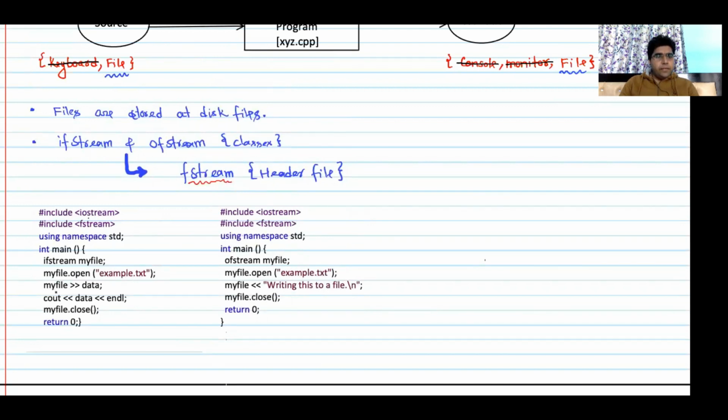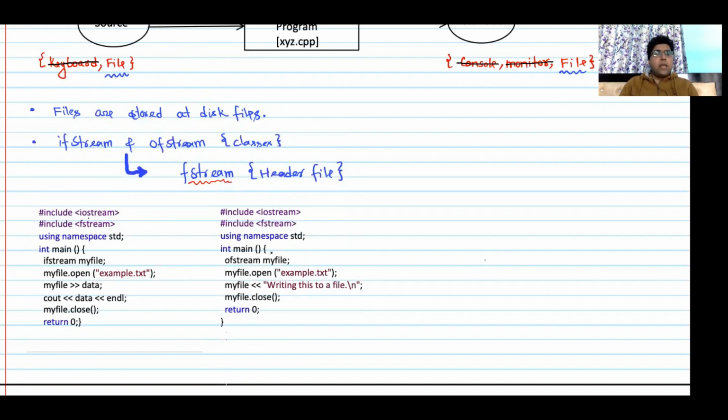That data would be stored in data, and cout would print whatever you have written in that file, and then the stream is closed. It is not a file, it is the stream, and then returning. So this is actually taking the data from the input file and printing it on the console.